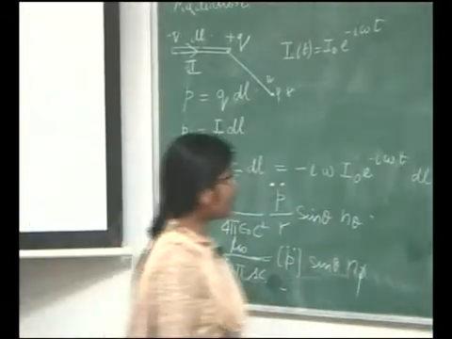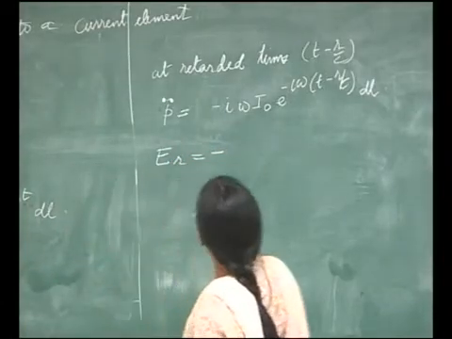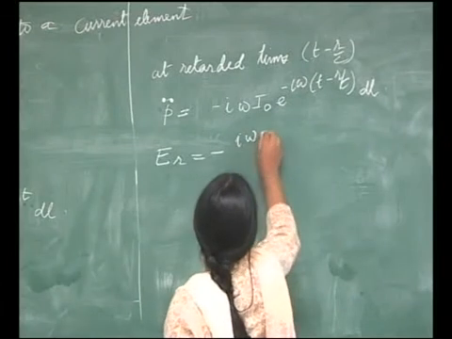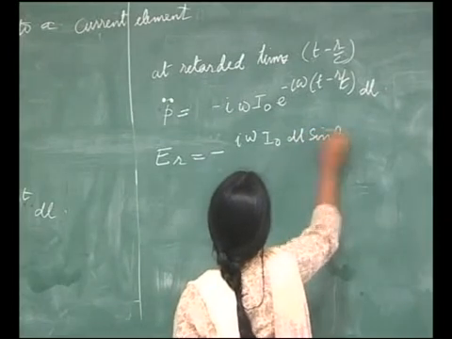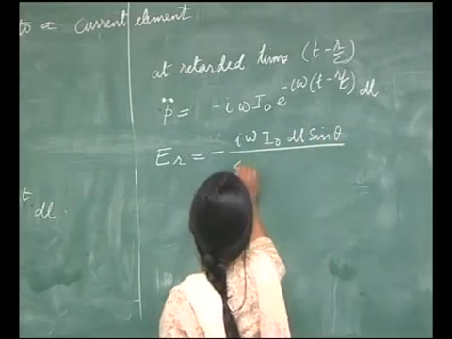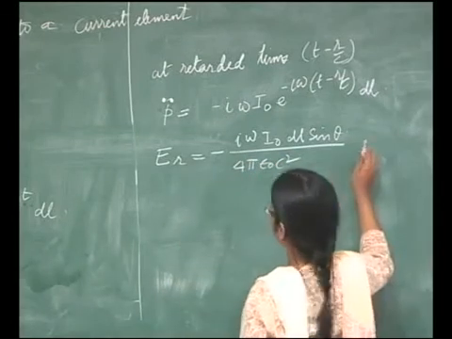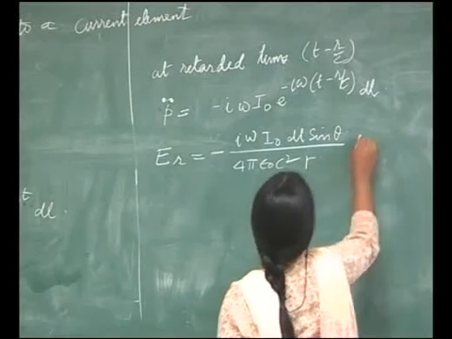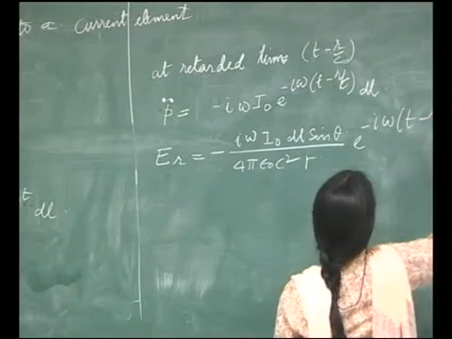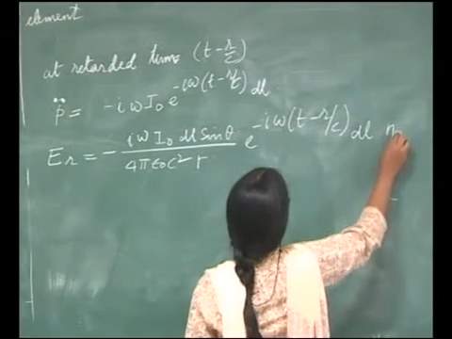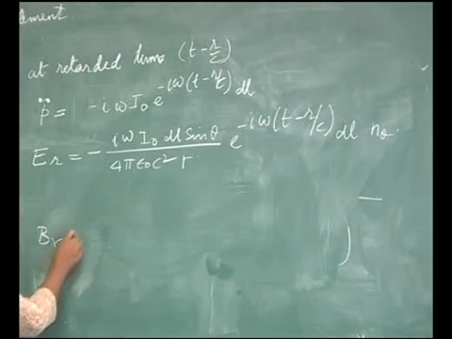So, when I do that, I get Er is equal to minus i omega I naught dl sin theta divided by 4 pi epsilon 0 c square r, e to the power minus i omega (t minus r by c) n theta. And similarly, I can do for Br.